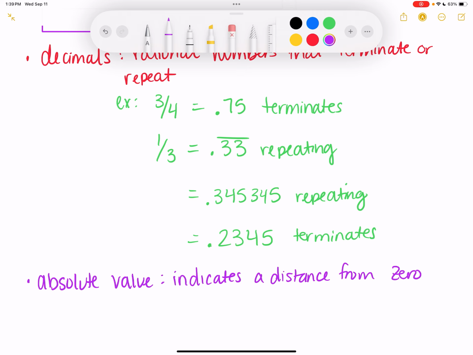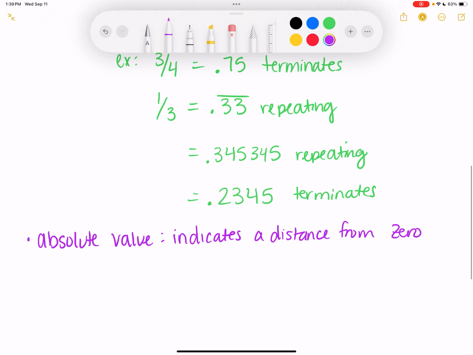So any answer that is in an absolute value is going to come out to be positive. Absolute value always produces a positive number.